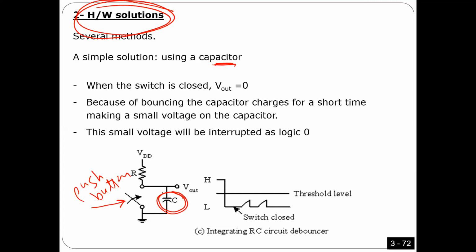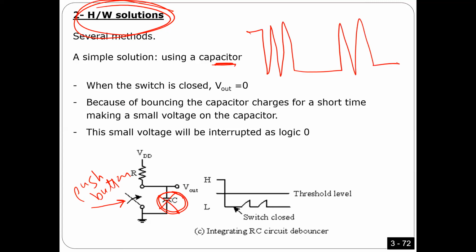Without a capacitor, guys, the signal is gonna become this way, as I explained. With a capacitor, it's gonna look something like that. How is the capacitor gonna do this? I'm gonna tell you how.